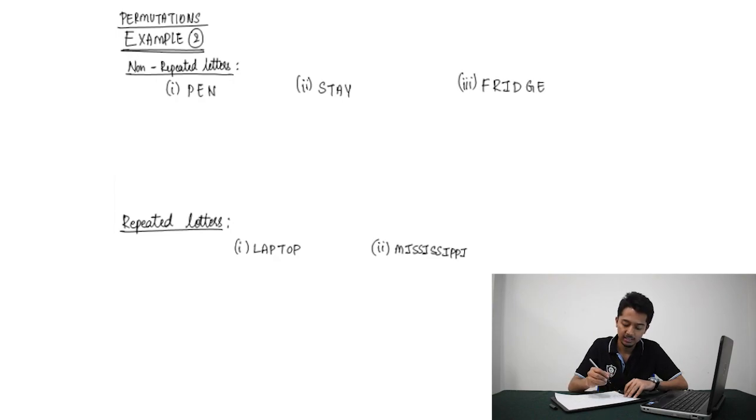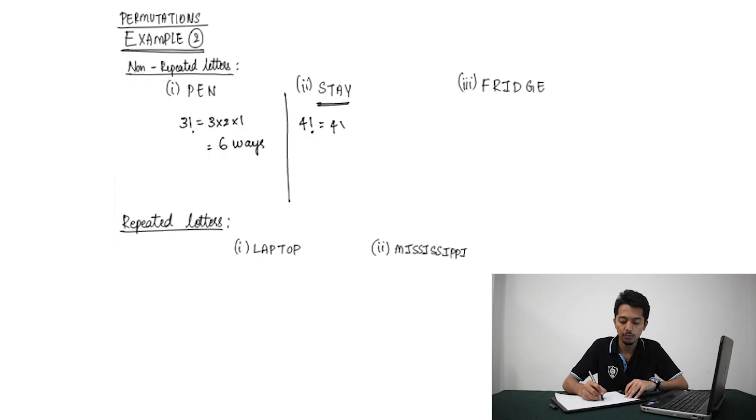Here we have 3 factorial, that is equal to 3 into 2 into 1, that is equal to 6 ways. For stay, we have 4 letters, therefore 4 factorial is equal to 4 into 3 into 2 into 1, that is equal to 24 ways.